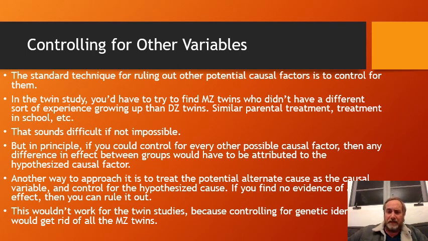But you couldn't do that with this particular study because you'd have to control for genetic identity. Remember, you're flipping it and making the potential alternate cause, the odd treatment that identical twins get, the causal variable and seeing if there is an effect. But you can't control for genetic identity; you'd have to get rid of the MZ twins. So it wouldn't work for this, but it can work for other types of studies.